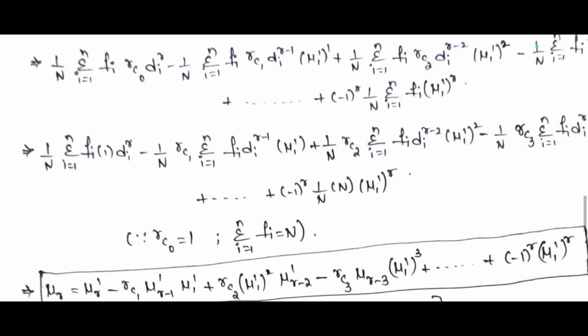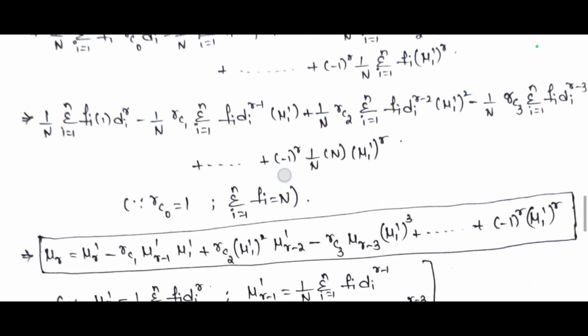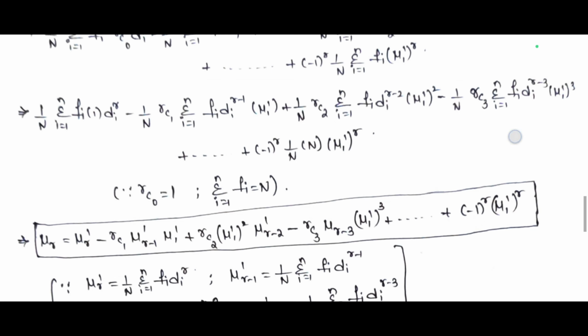This brings you the formula: mu r is equal to mu r dash minus rc1 into mu r minus 1 dash into mu1 dash plus rc2 into mu1 dash whole square into mu r minus 2 dash, and so on.